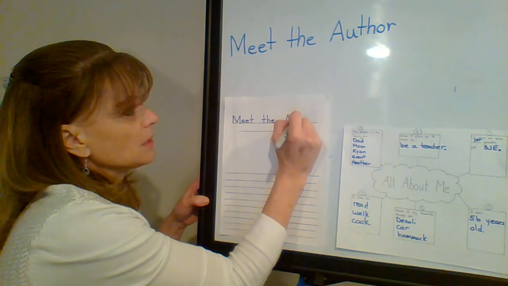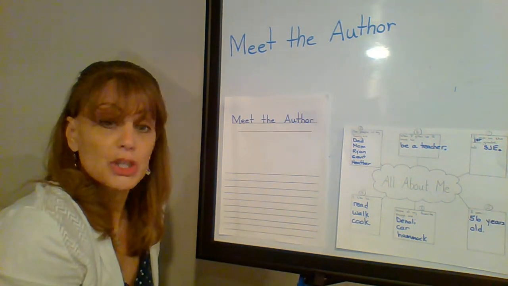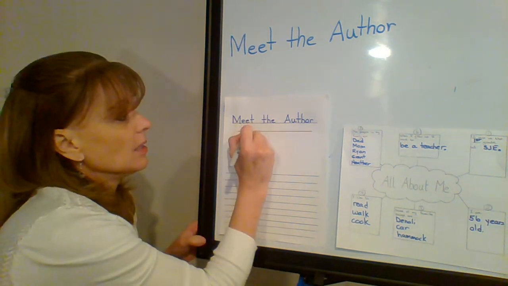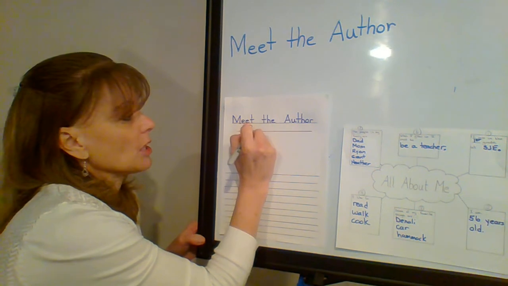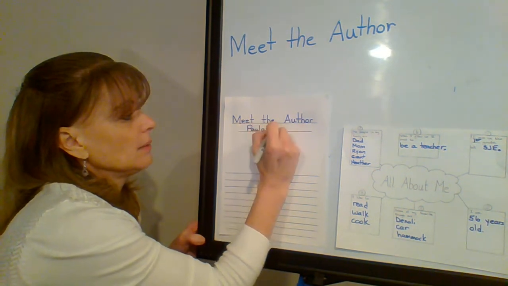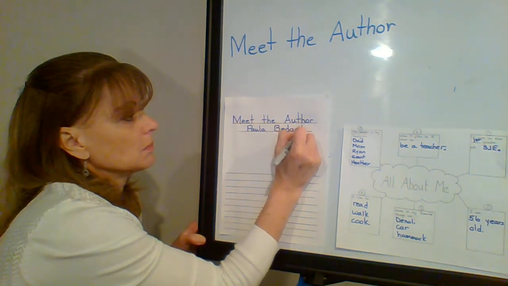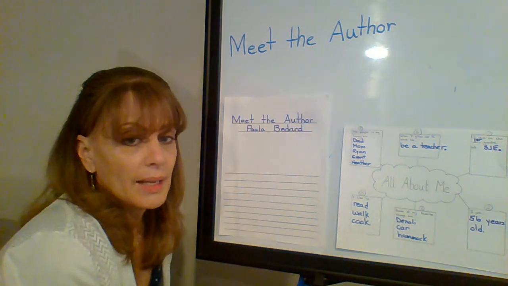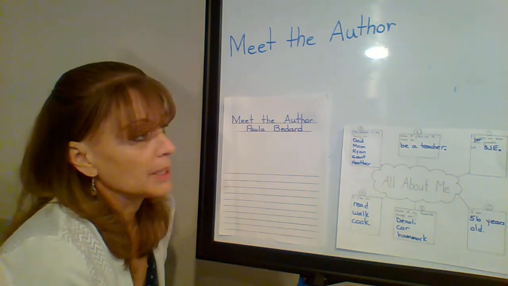Make sure you have space. Now the next line, you're going to put your name first and last. You can even put your middle name if you want. So I'm just going to write Paula Bedard. Okay? So meet the author, Paula Bedard.